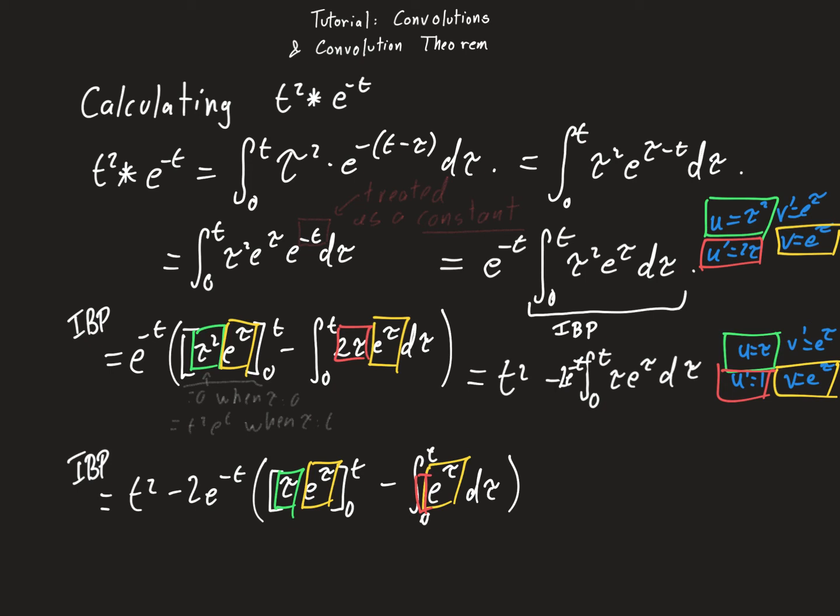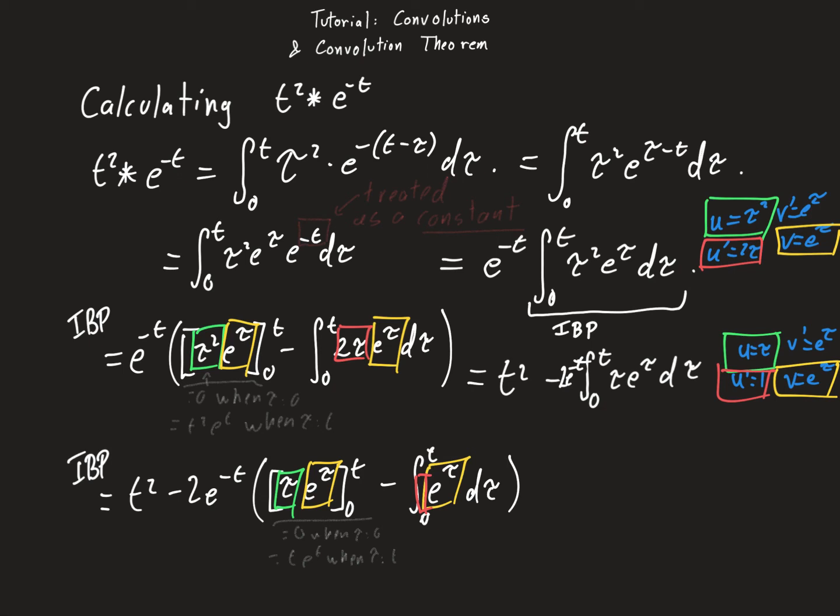Okay. So, once again, very similarly to before, let's look at the value of this guy. This guy is going to be equal to 0 when tau equals 0, and this guy is going to be equal to t e to the t when tau equals t.